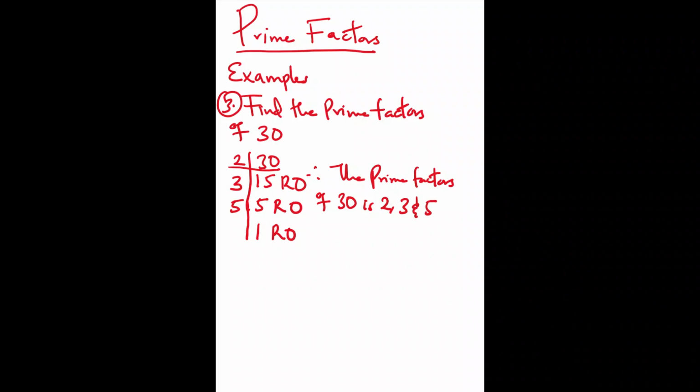Okay. And number 4, let's find the prime factors of 450. I want to use a much bigger number now. And one thing you need to note is that even if you use a particular number to divide a bigger number, like let's say you use that number 4 or 5 times, it's just a prime factor.